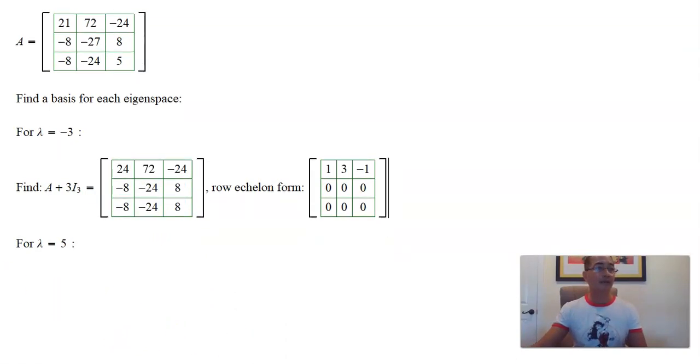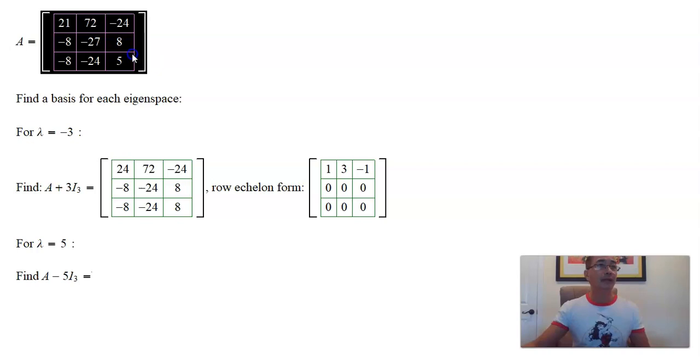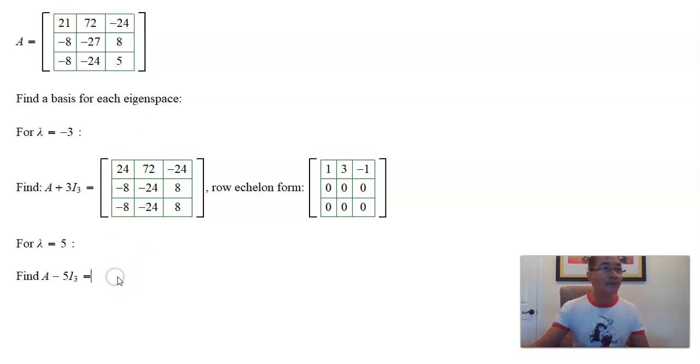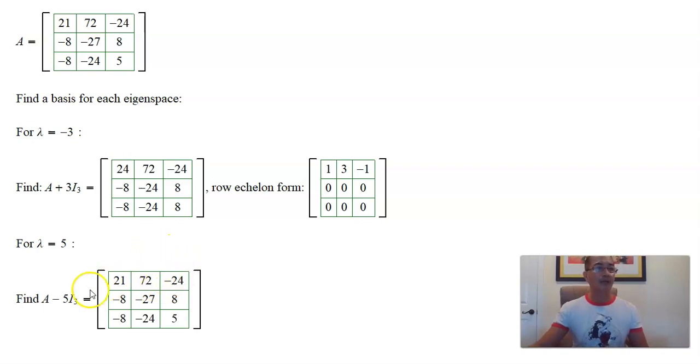Okay, so for lambda equals 5, we want to find A minus 5 times the identity. So we take A, whoops, wrong place, over here, and we subtract 5 along the diagonal. Okay, 21 minus 5 is 16. Minus 27 minus 5 is minus 32.